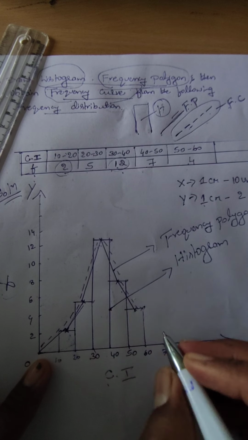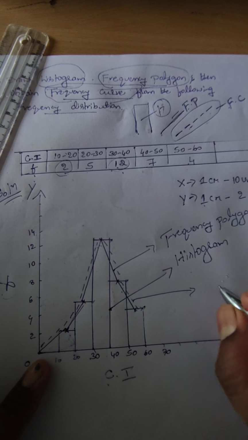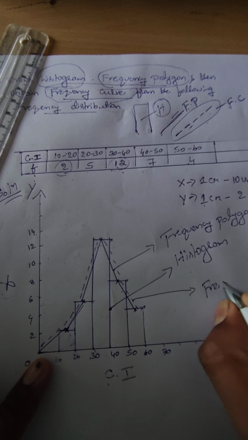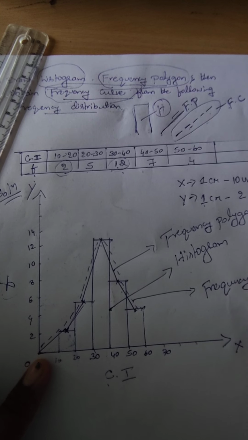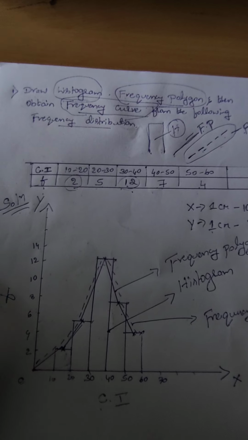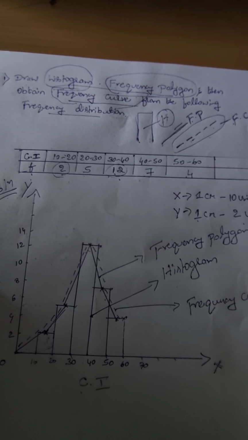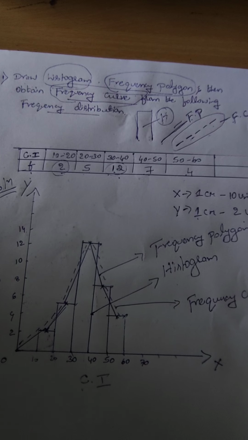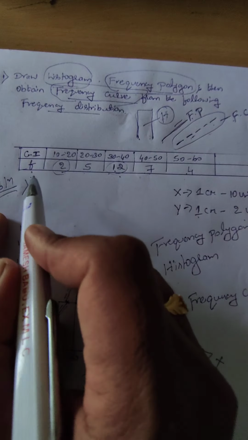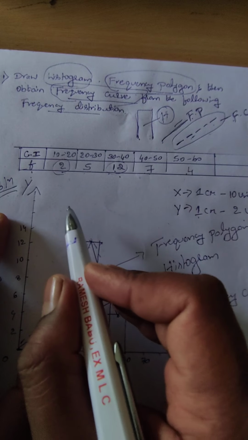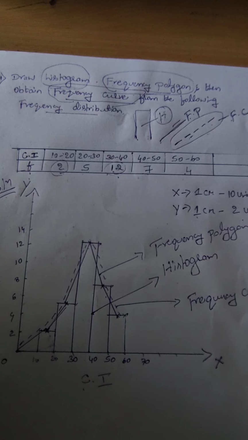The dotted line is called the frequency curve. Okay students, this is the way of giving a solution for three concepts in a single problem. This problem is related to a continuous series, where class intervals are given continuously.